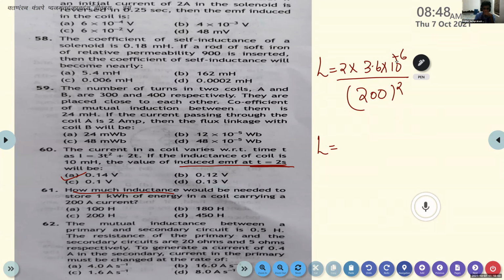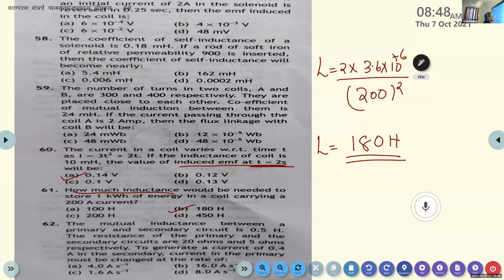Okay, so here the option is B, 180 Henry. 180 Henry is the answer.